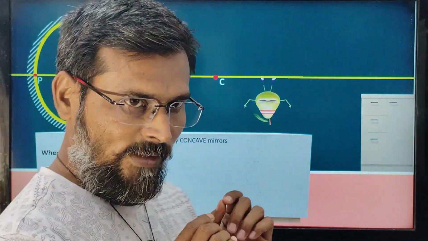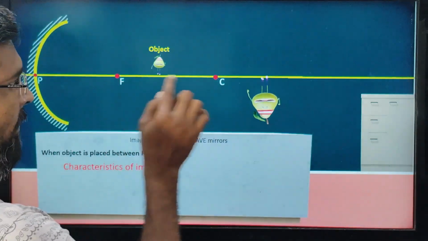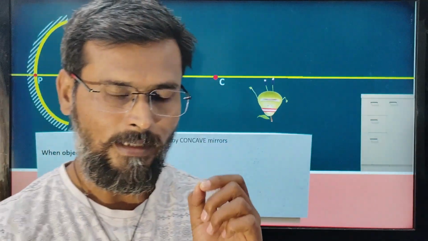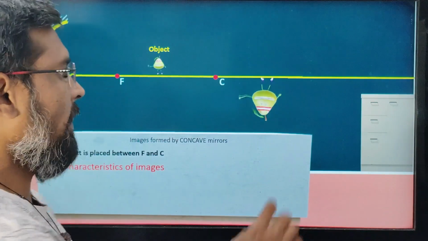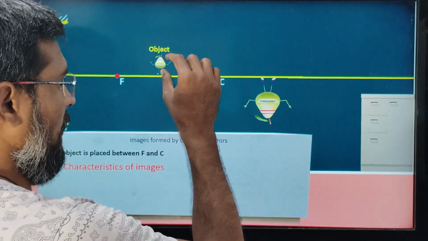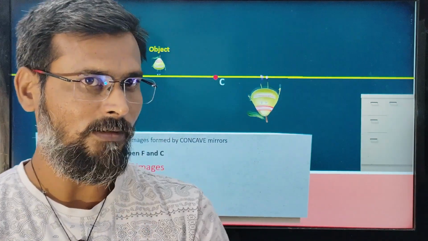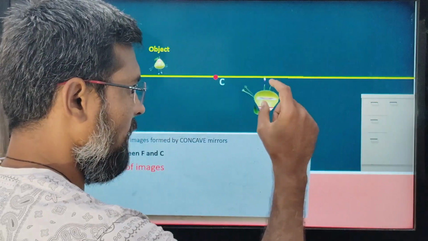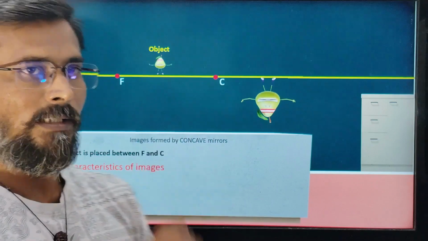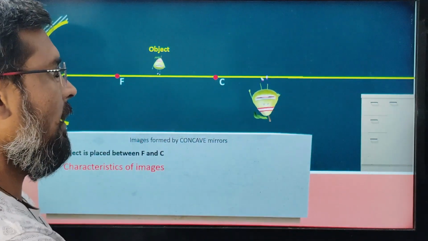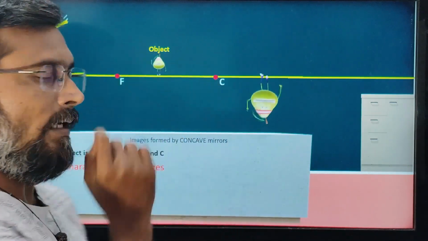Now our dance master is here in between F and C. So the object is in between F and C, and you can see its image clearly. Here the object is dancing, and the dance master, or James Bond 007, is also here. This is the image of our James Bond 007, and if you look at the image, it is bigger than the object.